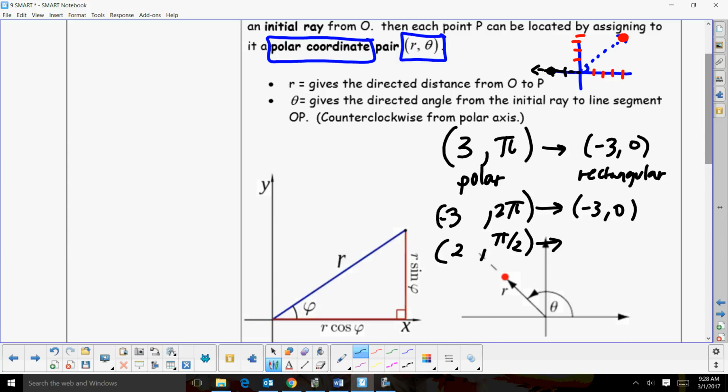So this is our polar point. We face pi over 2, and then we went a directed distance of 2. What rectangular point are you at right now? Close. 0, 2. So that would be the rectangular point. Okay, have a seat.